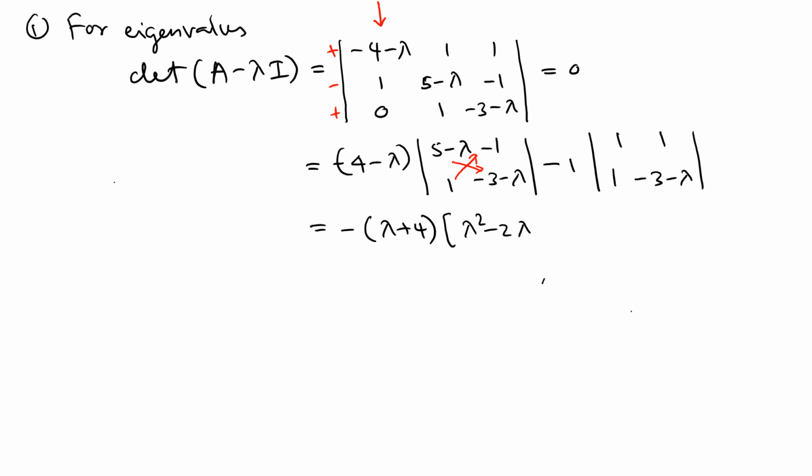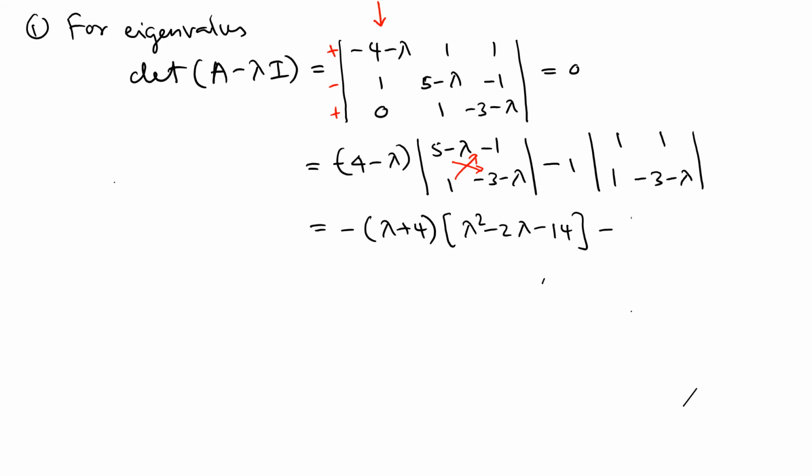So you get negative 15 plus 1, which is negative 14. That's what you get when you simplify the first determinant. From the second determinant, you multiply the first one and subtract 1.